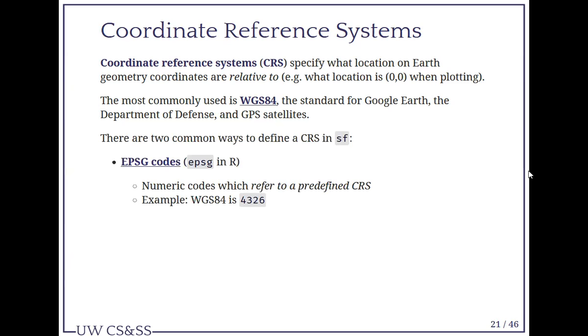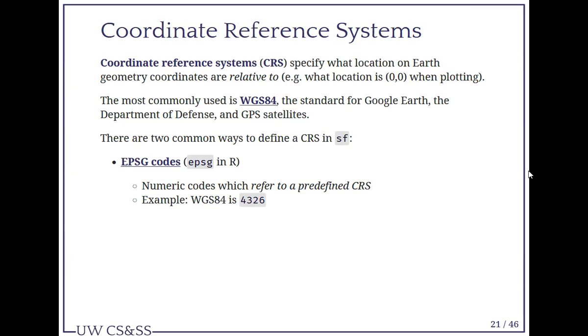There are 2 common ways to define a CRS in the sf package. There are the EPSG codes. These are numeric codes which refer to a predefined CRS. An example would be our default WGS84, which is described as 4326.